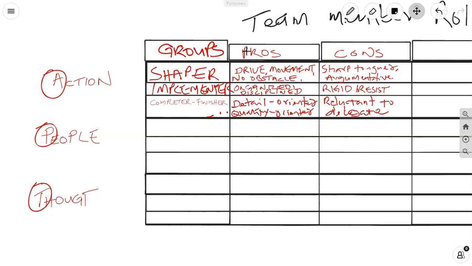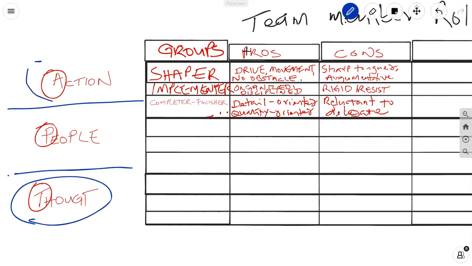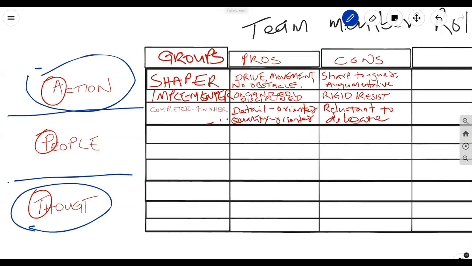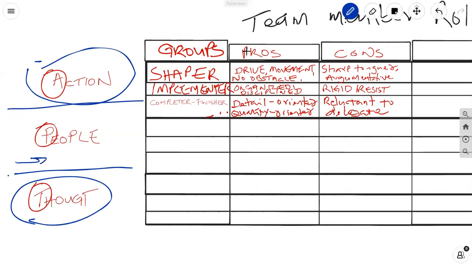Let's move into the next one, the people. And again, there is a way you can remember what this is, because people is right here sandwiched in between action and thought. Thought, action, people in the middle. So this is the center. You see that it's in the center of both.